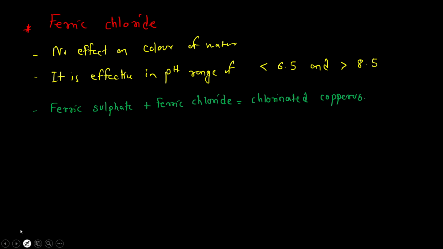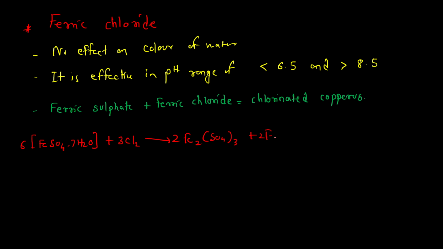The reactions are 6FeSO4.7H2O plus 3Cl2 gives 2Fe2(SO4)3 plus 2FeCl3 plus 42H2O.